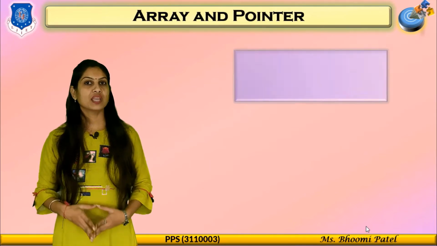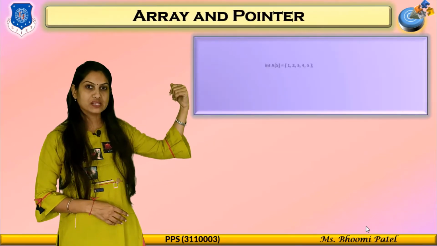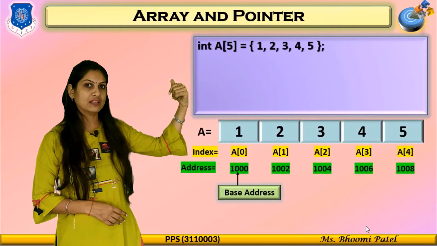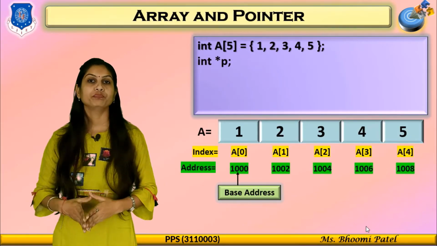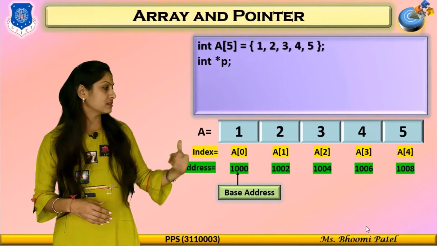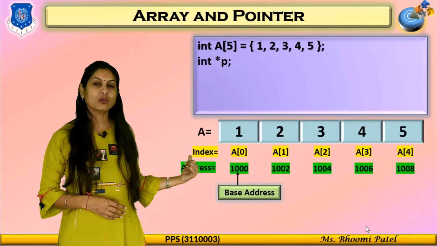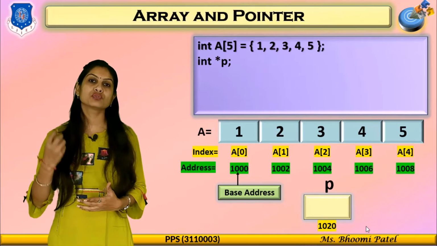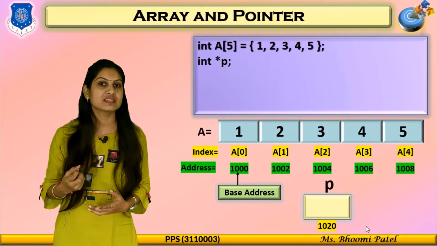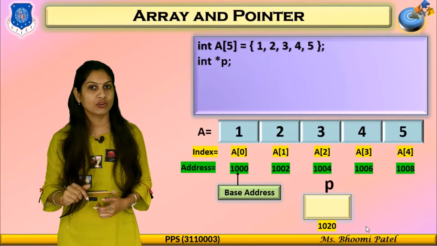Now how does it work with the pointer? Here I am taking another pointer variable. In the second line you can see the declaration of the pointer, that is integer star p. Here my pointer is stored in one memory location, 1020, and now my concept is to store the address of the first element of the array in that particular pointer.